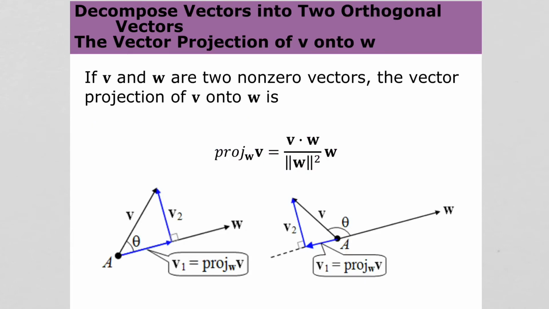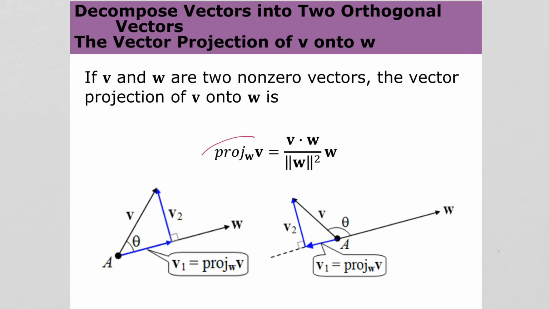Okay, decompose vectors into two orthogonal vectors. Another way to say this is the vector projection of V onto W. So we're taking a vector and we're projecting it onto another vector in order to create orthogonal vectors.